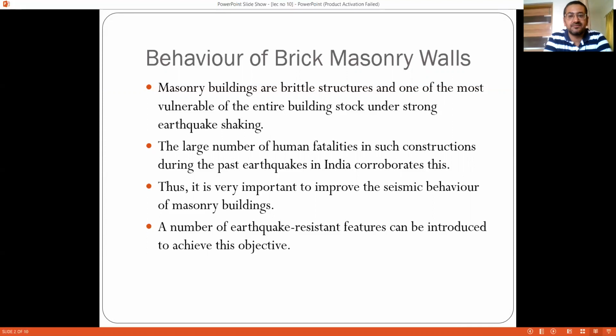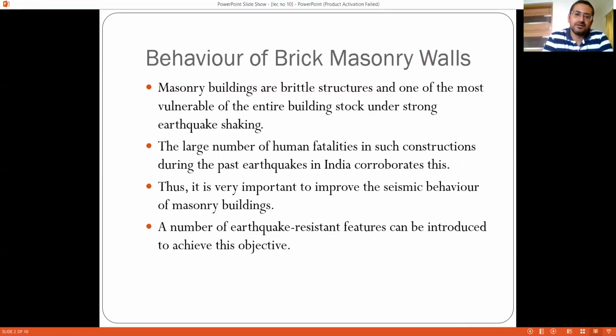So masonry buildings are brittle structures and one of the most vulnerable of the entire building stocks under the strong earthquake shaking, right? So strong earthquake shaking, again, we have to keep in mind the design philosophy, and the design philosophy is such that it is minor, moderate, and strong, right? In case of minor earthquake, it is suggested that the non-structural element should undergo failure.